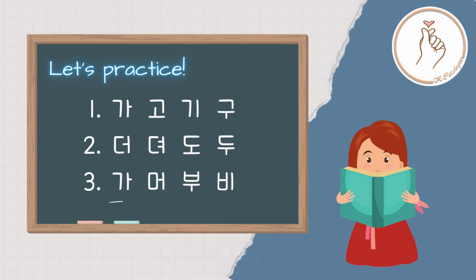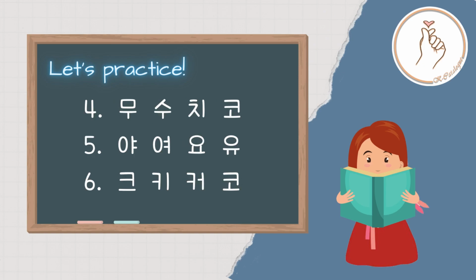Number 3, ga, mo, bu, bi. Number 4, mu, su, chi, ko. Number 5, ya, yo, yo, you.